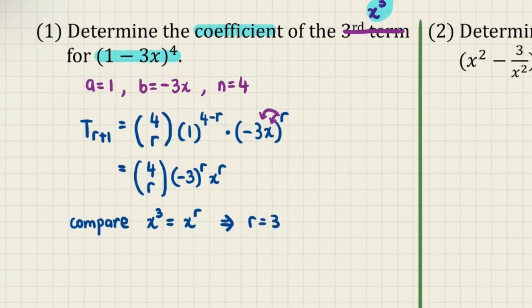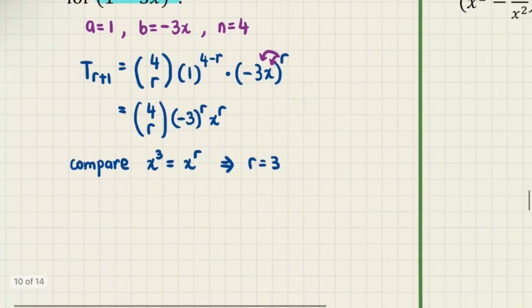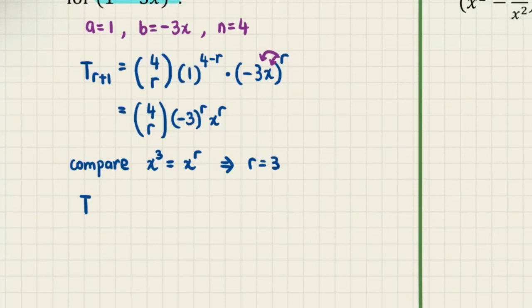Okay, dah dapat value of R, barulah kita boleh tahu x cube berada dalam term yang ke, so R plus 1. So 3 tambah 1 dapat 4. So T4 equals to 4C, R kita tadi apa? 3. So negative 3 to the power of 3 multiply by x to the power of 3.